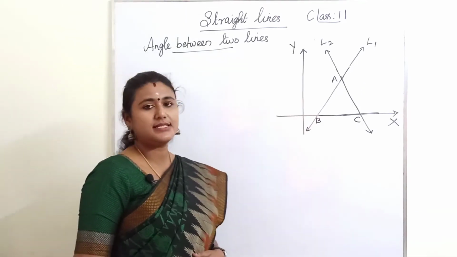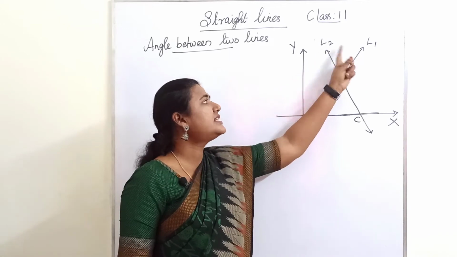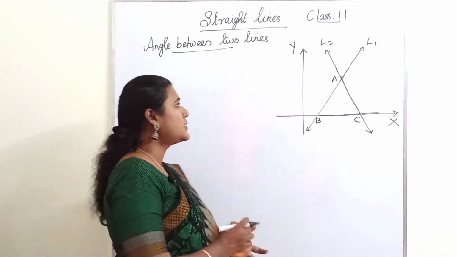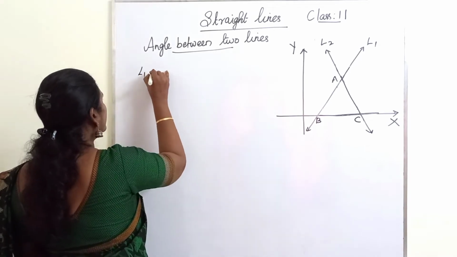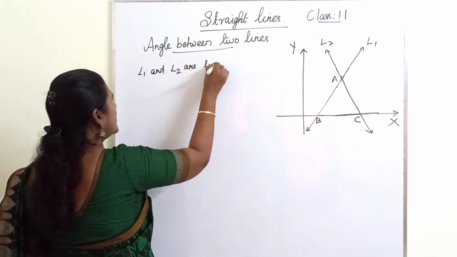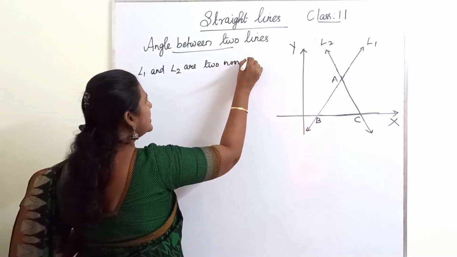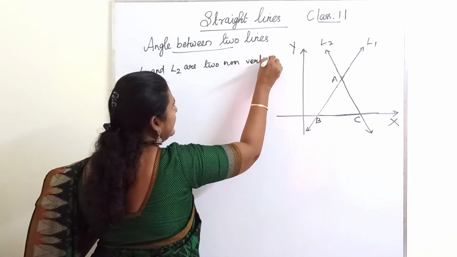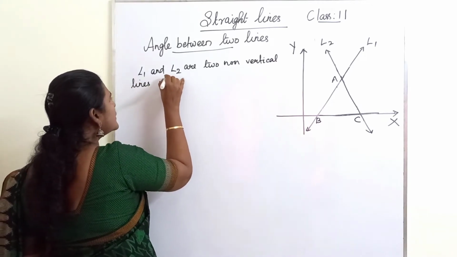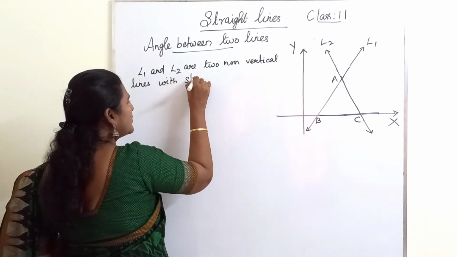Let us consider two non-vertical lines L1 and L2 in a plane with slopes m1 and m2.